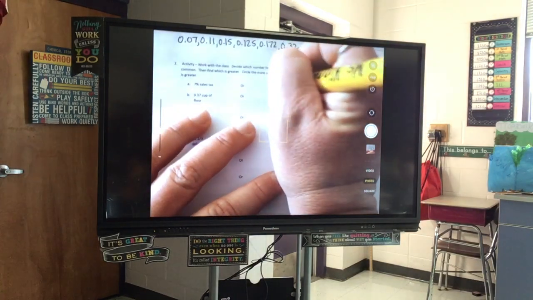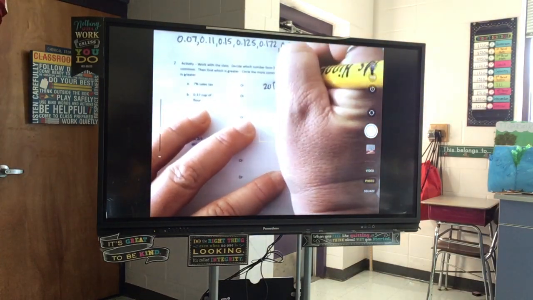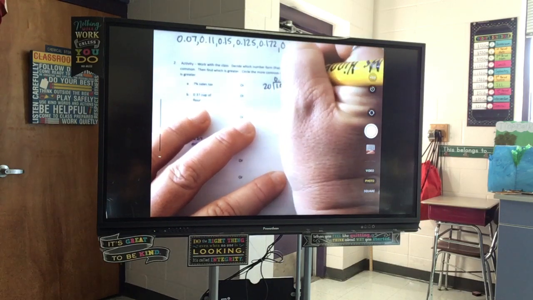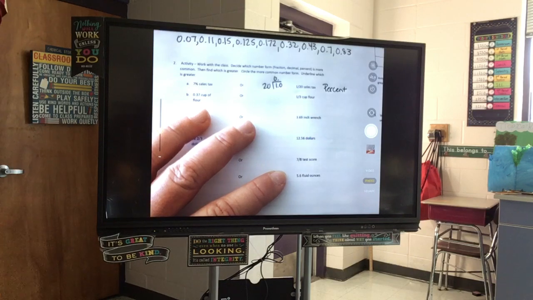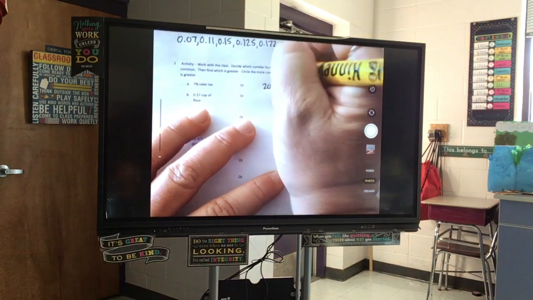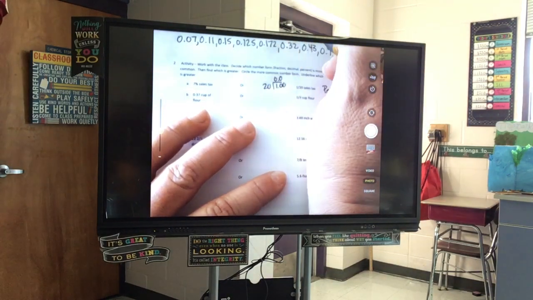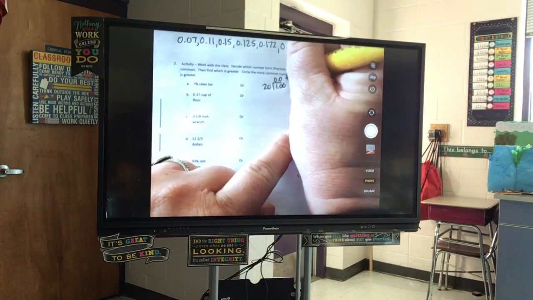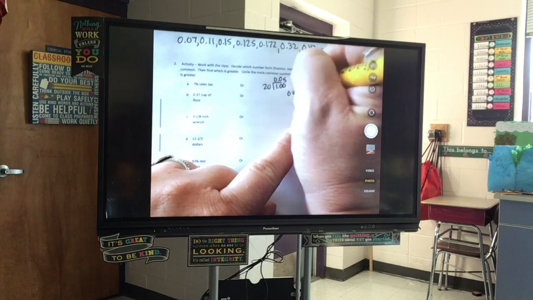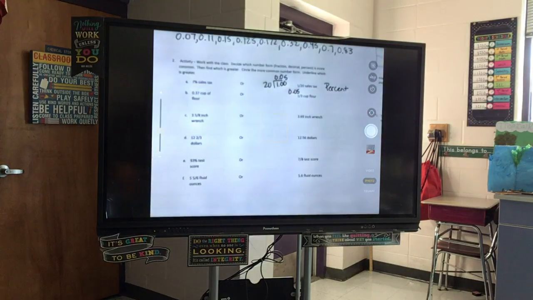So I'm gonna do 1 divided by 20. Alright, can you multiply anything by 20 to get 10? Nope. Can you multiply anything by 20 to get 100? 5. So this becomes 5 hundredths, or what percentage?